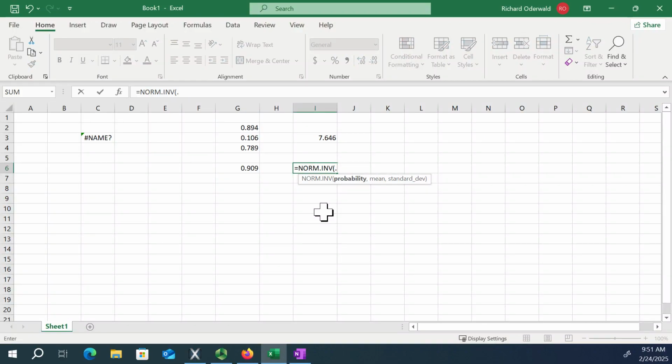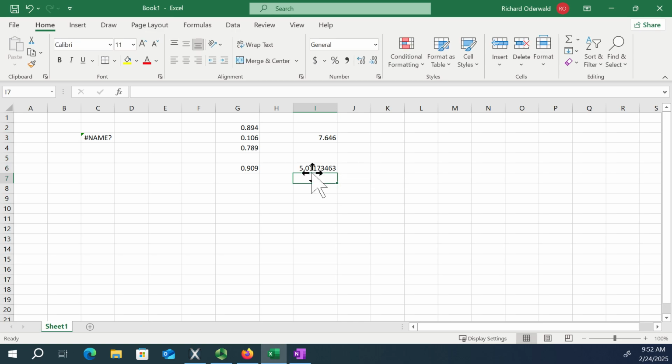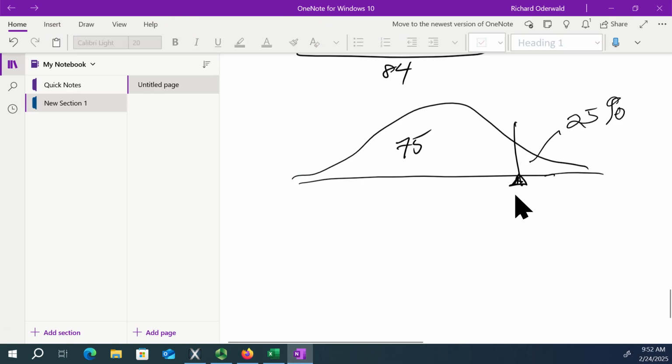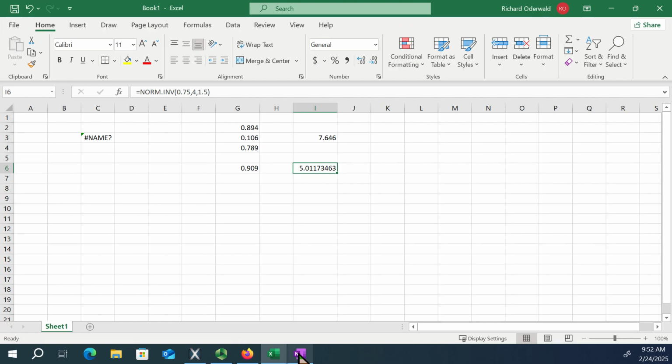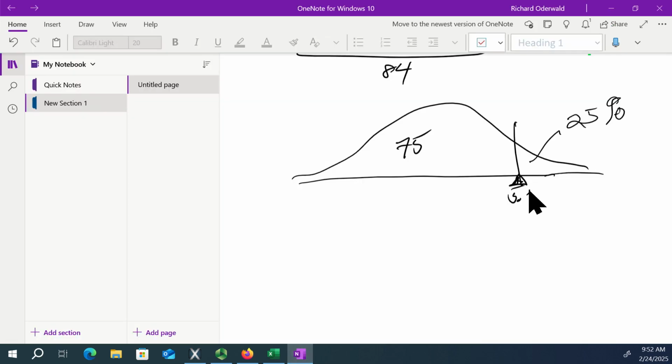Norm.INV 0.75. And for an INV, I never have to give it a cumulative or anything. It assumes cumulative. I've got a mean of 4 and a standard deviation of 1.5. And this number that I want is, what was it, 5.01.